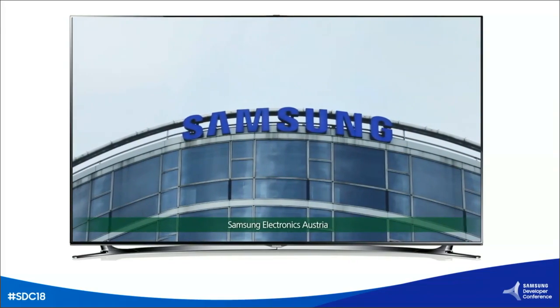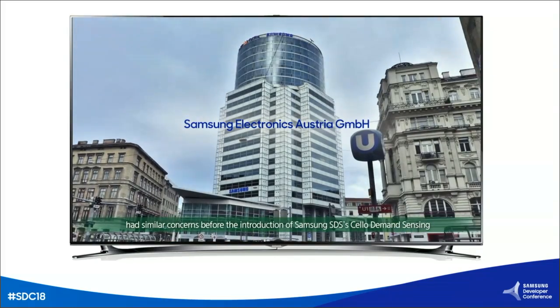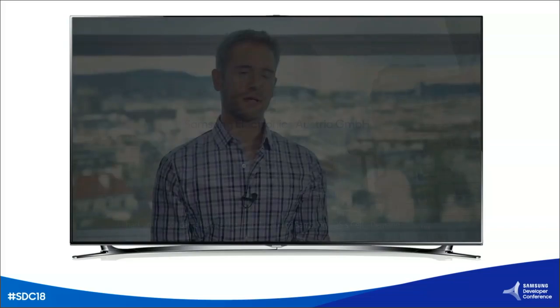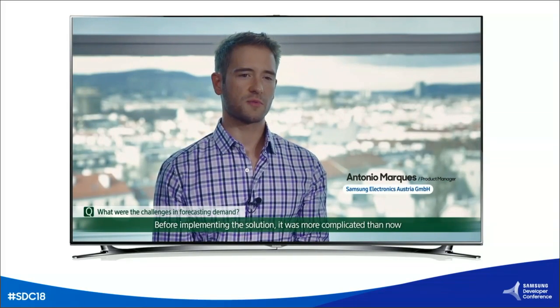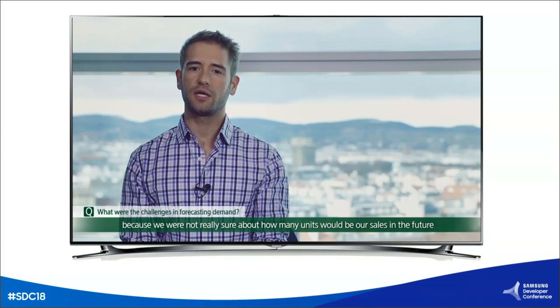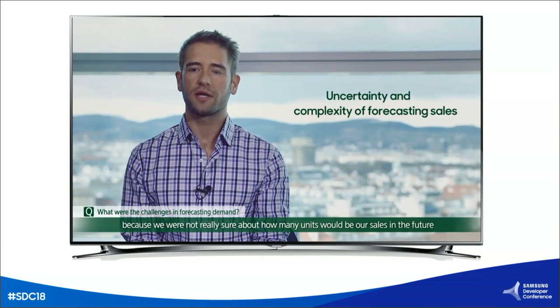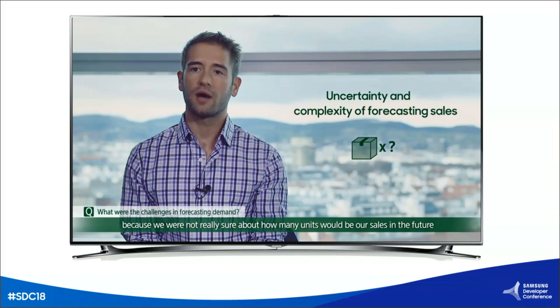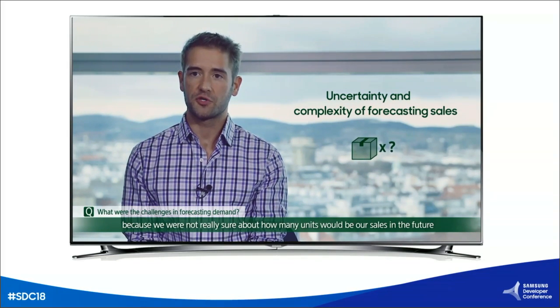Samsung Electronics Austria had similar concerns before the introduction of Samsung SDS's Cello demand sensing. Before implementing the solution was more complicated than now because we were not really sure at the end about how many units, how much will be our sales in the future.